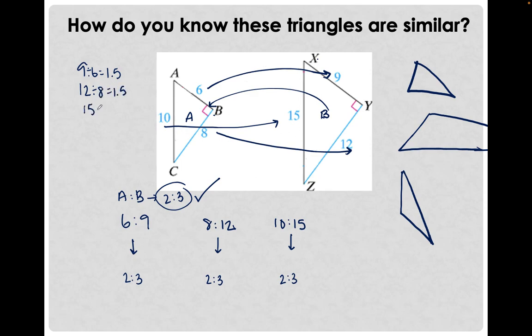And then 15 divided by 10 is 1.5. So you can see that triangle B is 1.5 times bigger than triangle A, on all three sides. So that means it's proportional, which means it's similar, and all of the angle measures would then be equal.